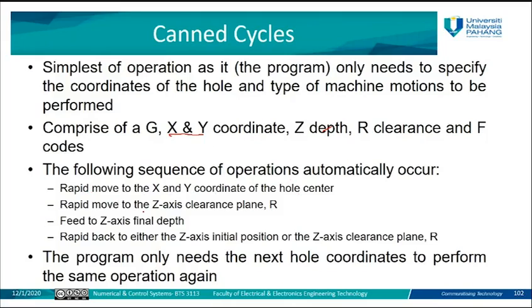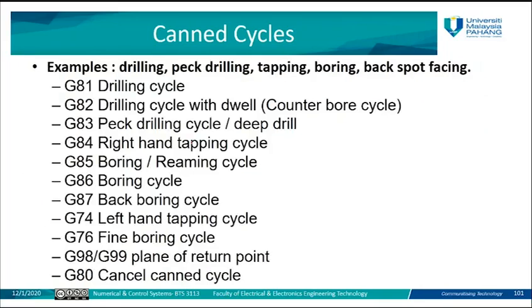Then rapid move to the Z axis clearance plane R. Then feed to the Z axis final depth. Then rapid back to either the Z axis initial position or the Z axis clearance plane R. So this is the sequence that will be done when you call any of these cycles.